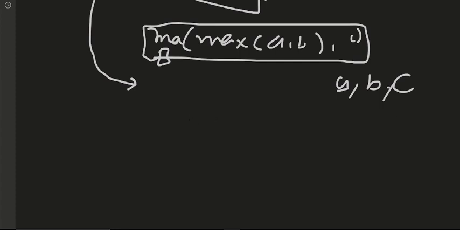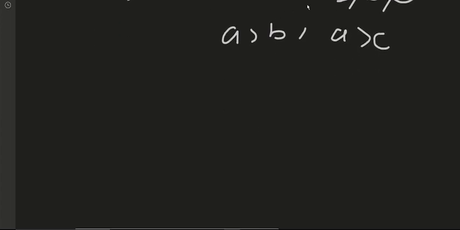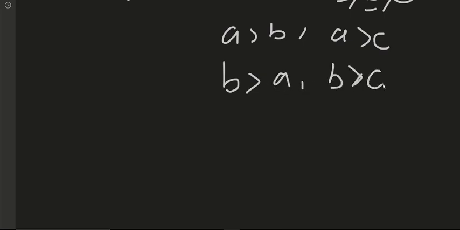A is greatest when it is both greater than B and greater than C. B is greatest when B is greater than A and greater than C. And C is greatest when C is greater than A and C is greater than B.